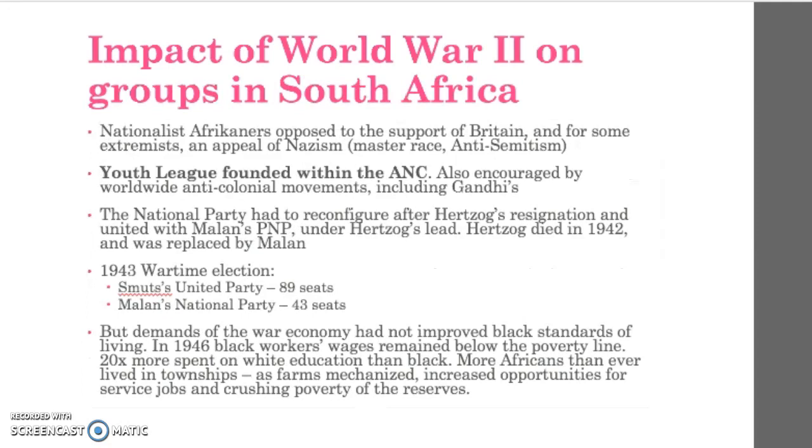Within South Africa, though, nationalist Afrikaners are generally opposed to the support of Britain, and for some extremists there's an appeal of Nazism, perhaps ideas about the master race, and anti-Semitism is continuing. There's a disappointment that South Africa has allied to the heathen Soviet Union, and in 1942 some pro-Nazi groups carry out sabotage and random violence.